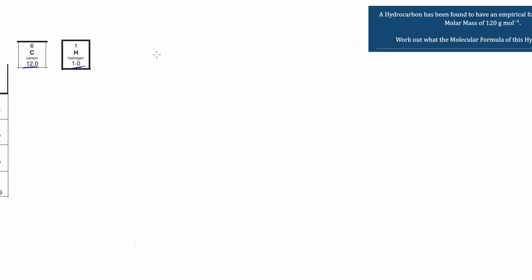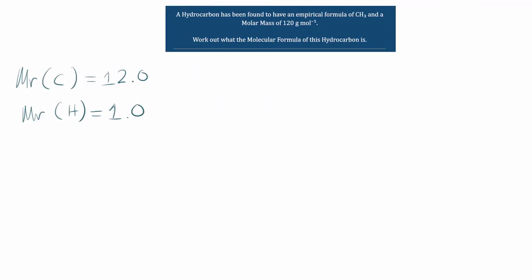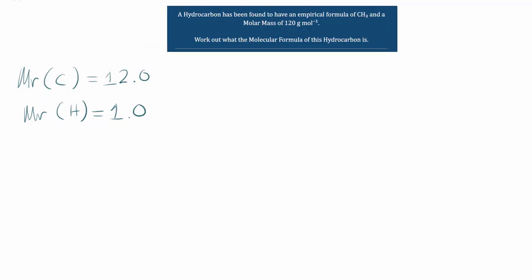So we can say that the molar mass of carbon is 12.0, and that the molar mass of hydrogen is 1.0, okay? Now we're going to use these values to work out the molar mass of the actual empirical formula. So let's just do this.